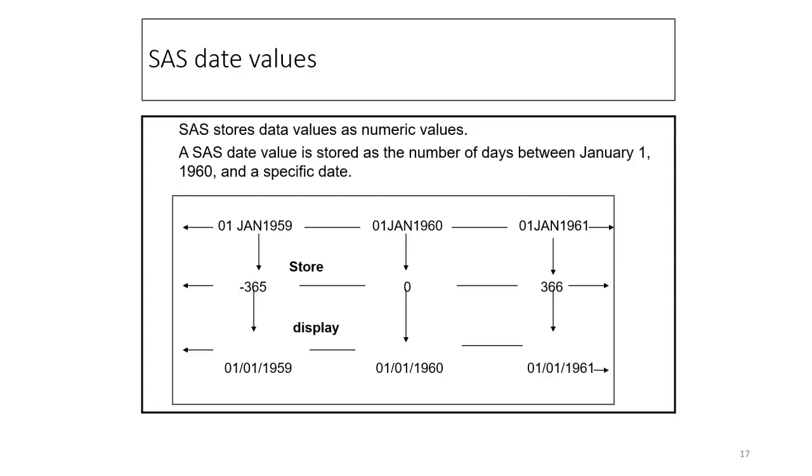If it is today's date, it will calculate how many days are between 1st January 1960 and today. Tomorrow, the day after, or any date 100 or 200 years back, the benchmarking date is always 1st January 1960, and from that it will calculate the number of days and store the value inside the date variables, right?